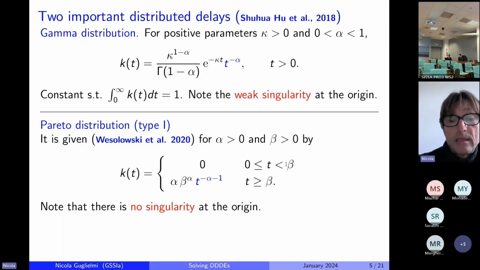So in this case, still the constants are such that the integral is 1, but there is no singularity. So this is a little bit different. In a sense, in this second case, there appears this beta that separates the behavior in this interval in a non-smooth way, which is a sort of discrete delay in the kernel.